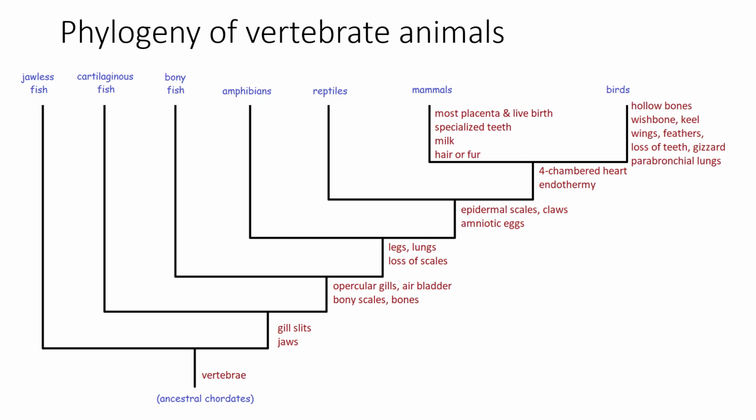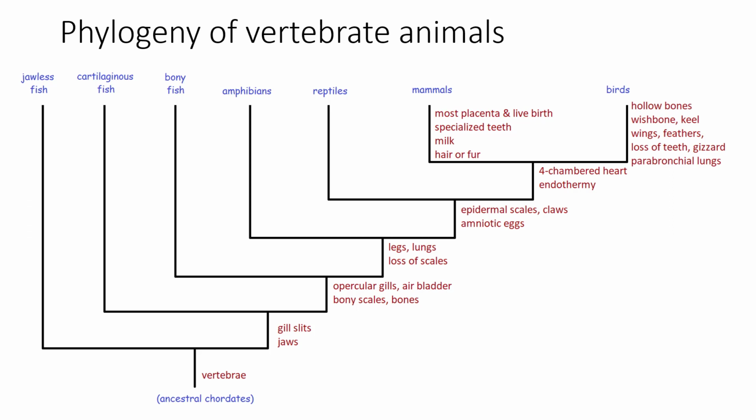Birds, think of most of the traits of birds, make sense to allow flight. So the development of wings and feathers were a key moment in the evolution of birds. The development of a wishbone, which is the fusion of the two collarbones, and then the keel, which is an elongated, expanded sternum bone to attach the pectoralis flight muscles to allow flight.